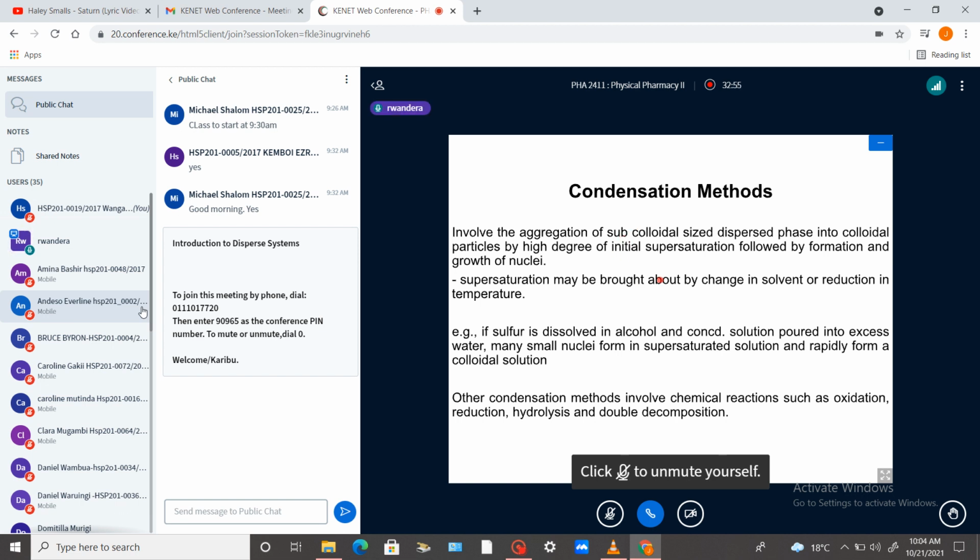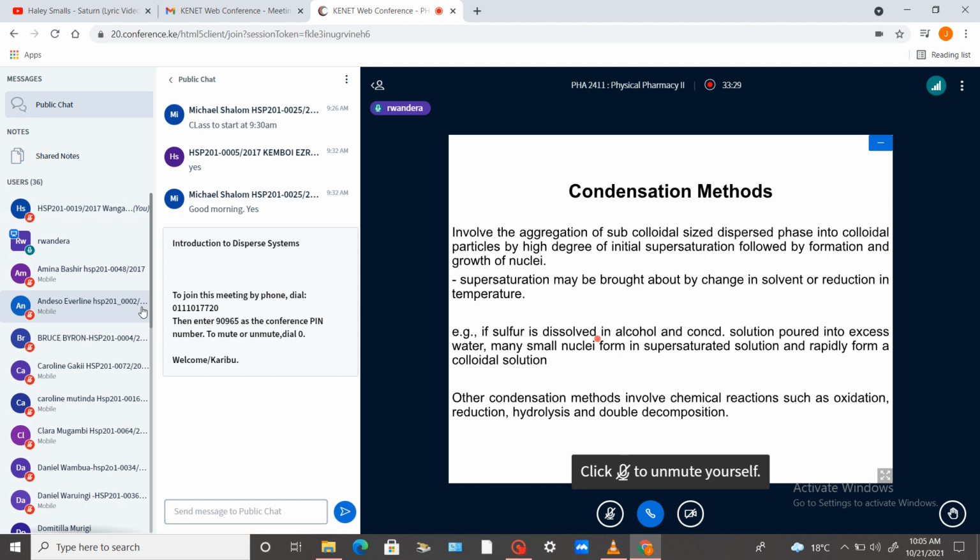Supersaturation may be obtained by change in solvent or reduction in temperature. A good example is when you have sulfur dissolved in alcohol to form a concentrated solution that is then poured into excess water. You'll experience the growth of small nuclei in the supersaturated solution to form a colloidal solution.